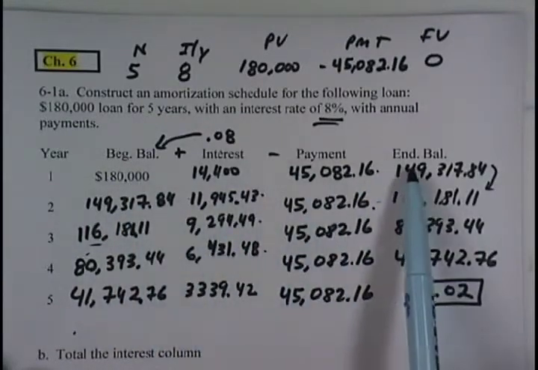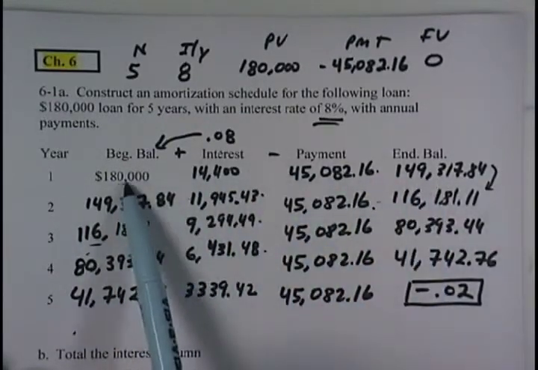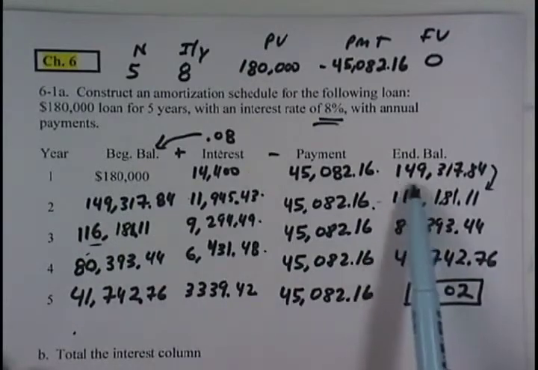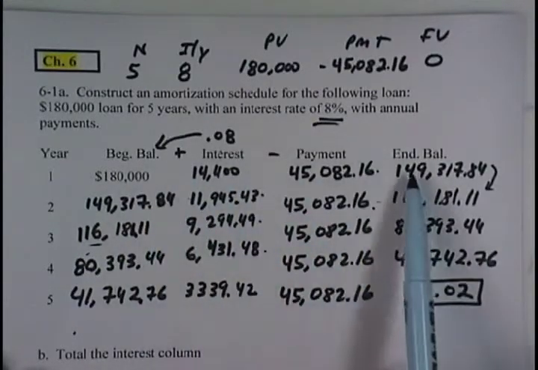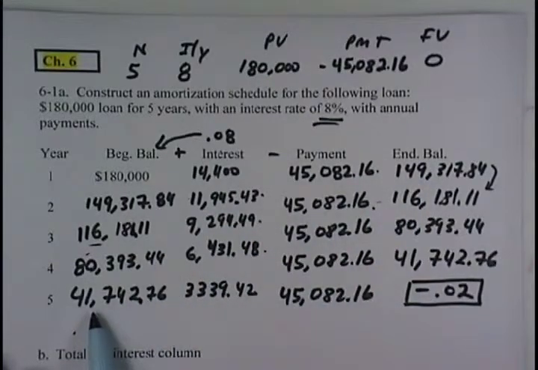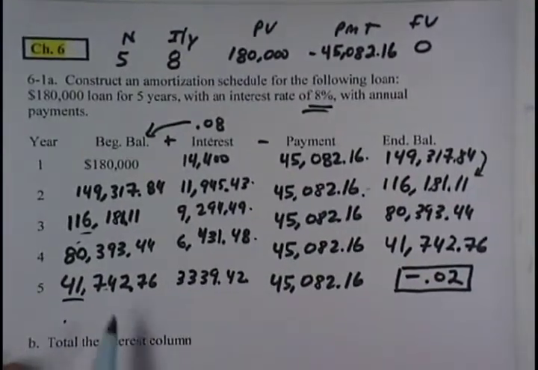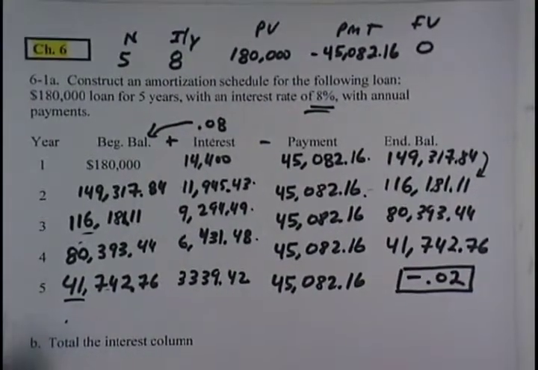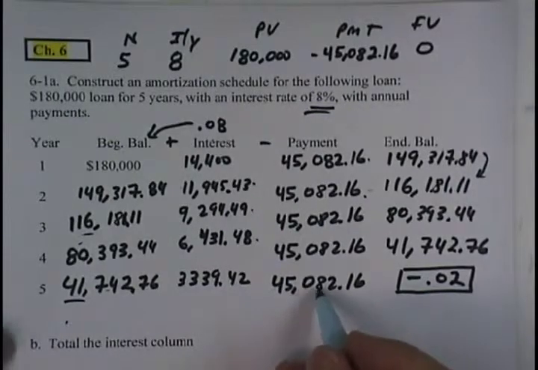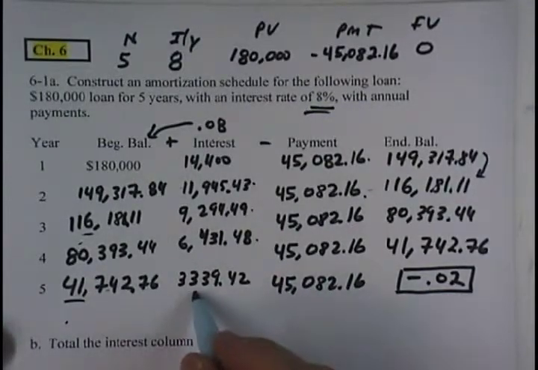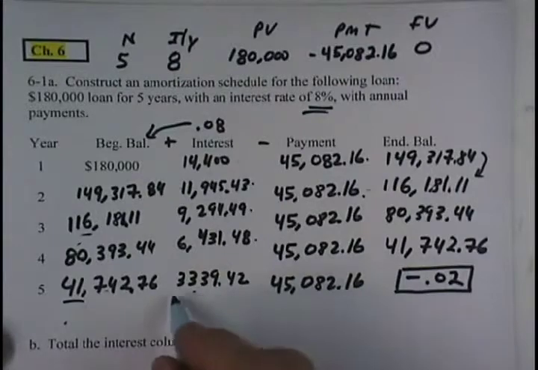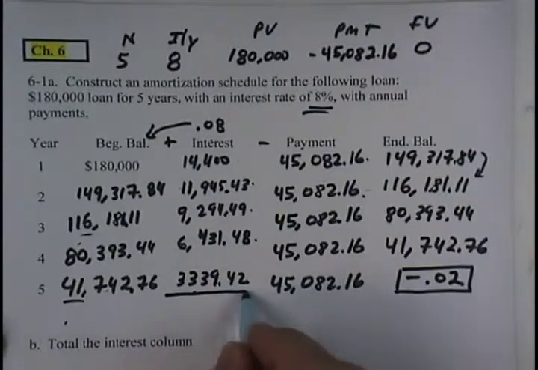In the first row, I reduced the principal from 180 down to a little below 150, so the principal reduction was a little more than $30,000. The last row, obviously, the principal reduction is from $41,700 basically down to 0, so the principal reduction was quite large. This final payment included relatively little interest and was mostly principal reduction.